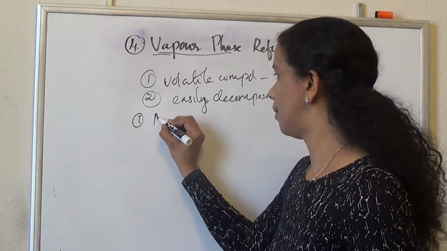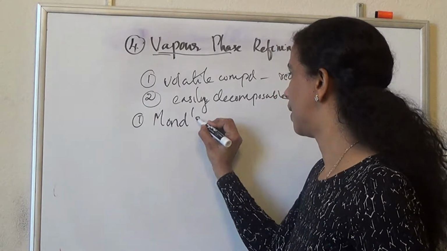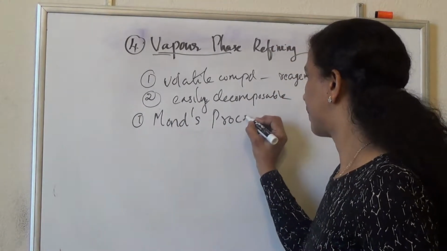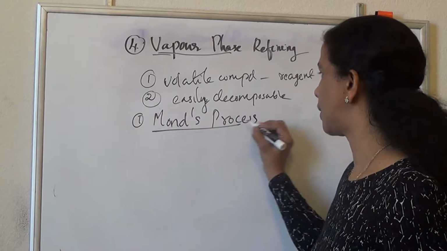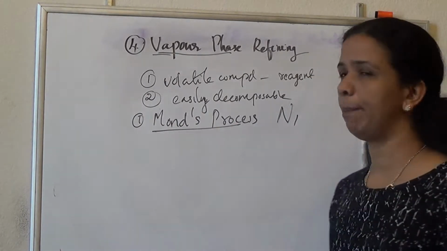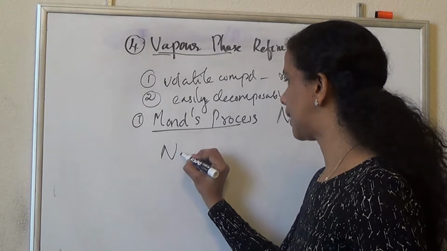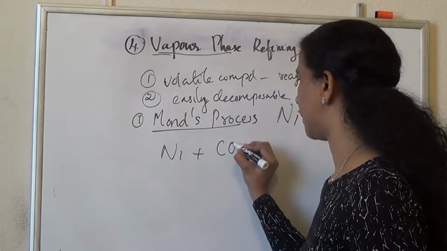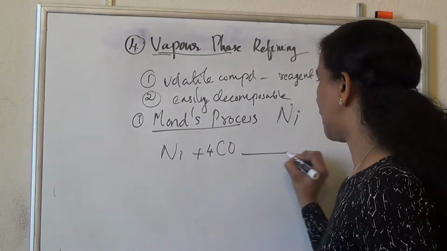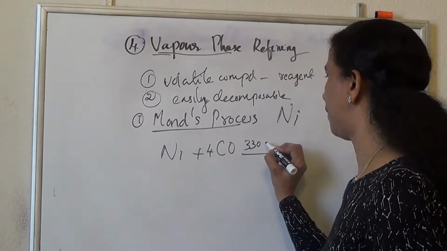The first one is the Mond process. The Mond process is used for the purification of impure nickel. In this method, nickel is treated with carbon monoxide at a temperature of 330 to 350 Kelvin.